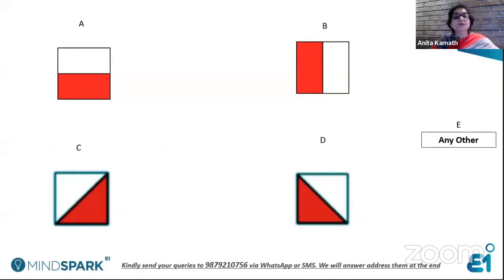Okay, and the options are, would you do it like it is shown in A, or would you do it like in B, or in C, or in D, or in E? And I launched the poll, but for parents, I will give only 20 seconds.